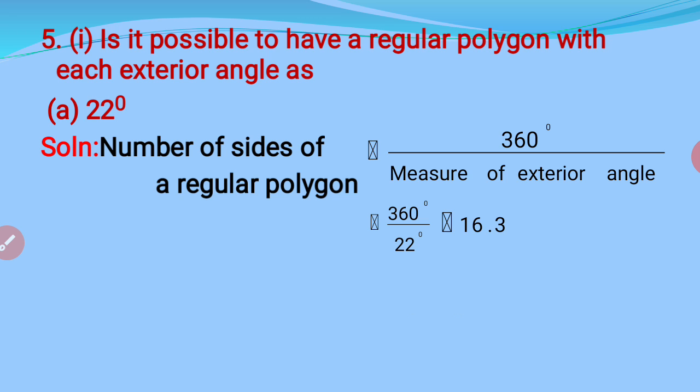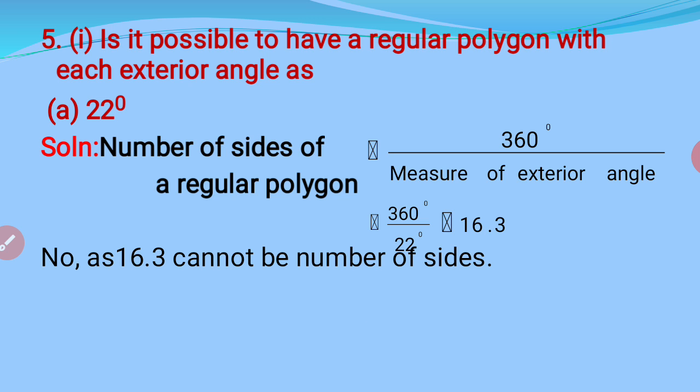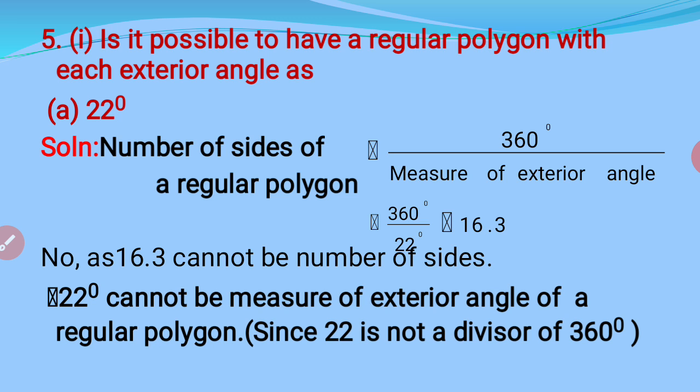But children, we all know that we cannot have a polygon with a decimal number of sides. It can be 16, it can be 17, but it can never be equal to 16.3. So we just cannot have a regular polygon with this measure as 22 degrees. So we conclude that 22 degrees cannot be the measure of an exterior angle of a regular polygon.